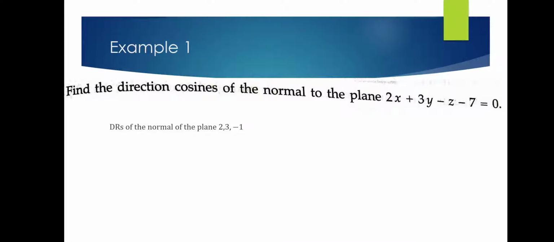So how to find the direction cosine from direction ratio? You just divide by the magnitude of it. So if you just divide it by the magnitude, that is under root 2 square plus 3 square plus minus 1 square, that gives you root over of 14. And so the direction cosines are 2 by root 14, 3 by root 14, and minus 1 by root 14.